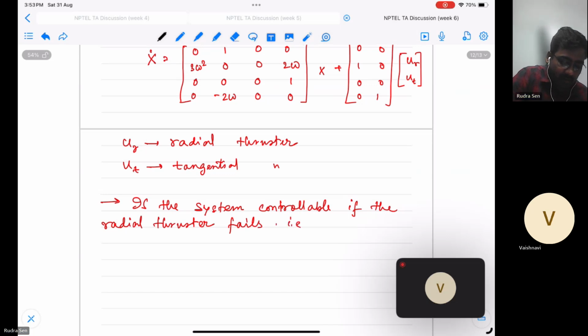That means if u_r becomes 0, suddenly the radial thruster of the satellite is not working, can we still control the satellite or not?